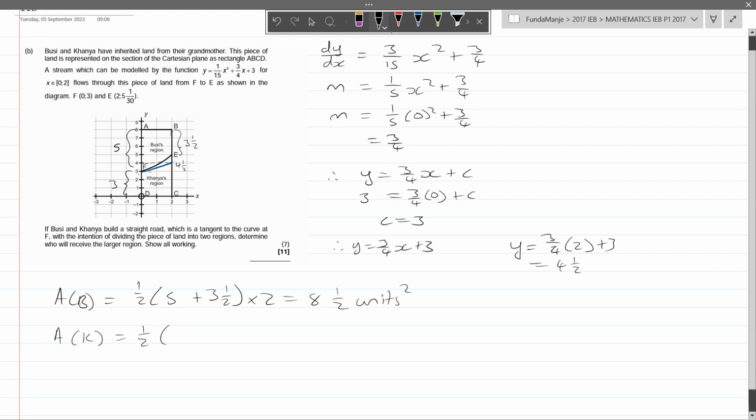A half multiplied by (3 plus 4.5), so the 3 plus the 4.5, which is this side, multiplied by 2, is equal to 7.5 units squared. From this we can tell that Busi's region is larger. And that would be the last question done.